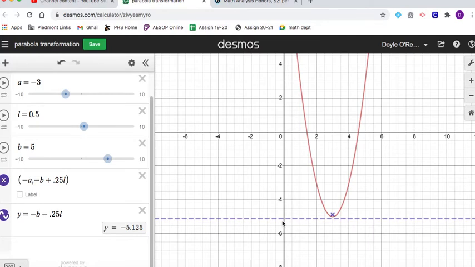That's the directrix there, 5 and 1/8. Let's see if I can label that. Oh, there we go. If I click on that, it'll label and say the focal point is at 3, negative 4 and 7/8. So this actually checks out pretty nicely with the work I got on paper.